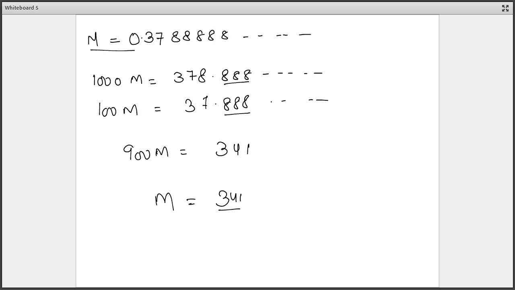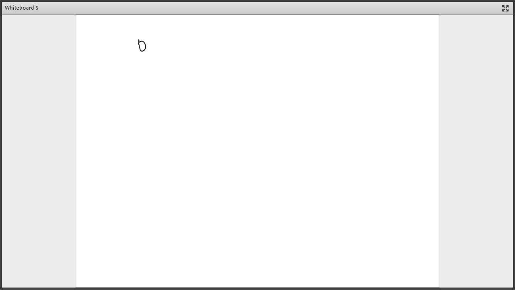Non-recurring decimal is 2.4135 where we do not know the pattern of the decimal. Now, terminating and recurring decimals are rational numbers. Basically, we can represent terminating decimal and recurring decimal in the form of p by q, and non-recurring are irrational.